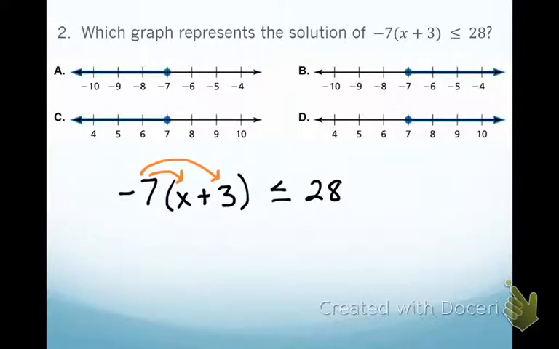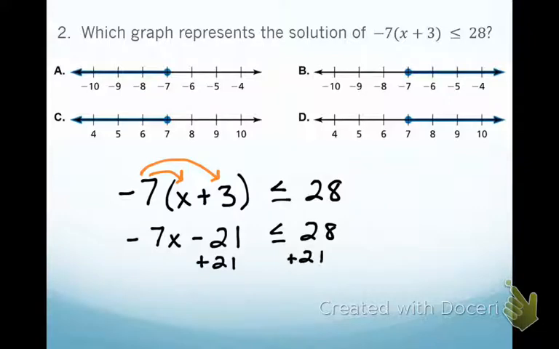Guys, what would it be as I distribute? Negative 7x minus 21. Raise your hand if you got that far. Excellent. Now I need to get rid of the negative 21, so how do I do that? Add 21. Good job.